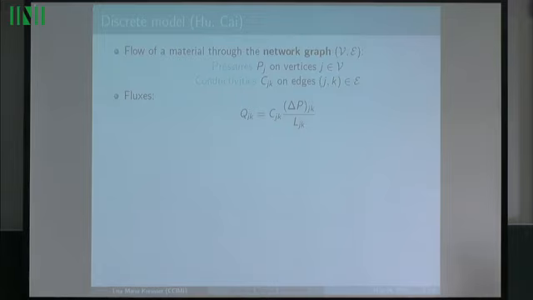So we assume that there are a certain number of nodes given, which are connected by some edges, and we can regard those edges as vessels where our fluids are transported. And the fluid transport depends on the underlying pressures on each of those vertices, and in particular we're interested in the conductivities.